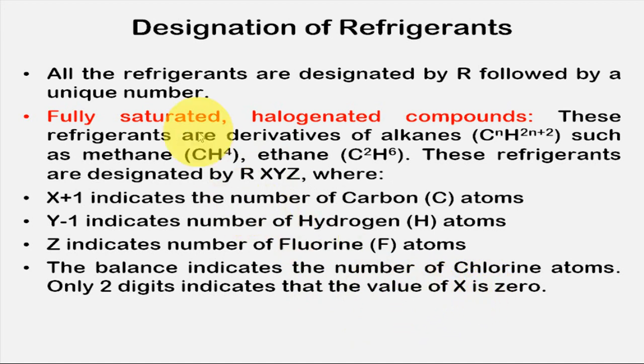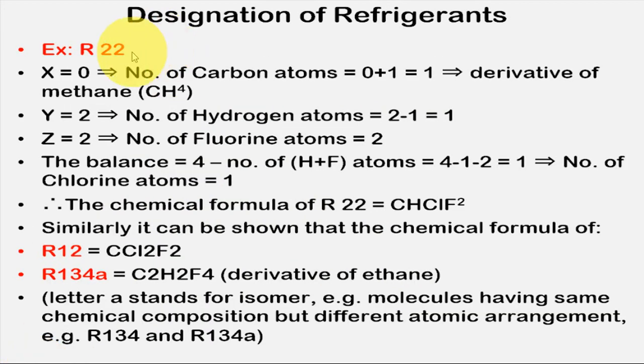Now we will take one example, so it is clear to you how to give the numbering or designation to the refrigerant. Let's take the example of R22. Here after R there are only two digits, three digits are not available.